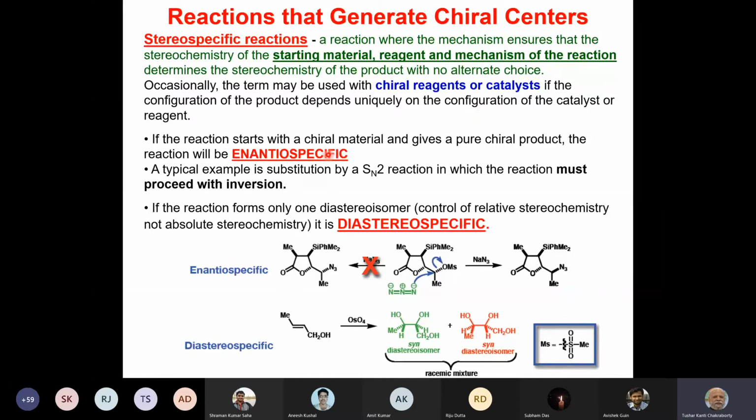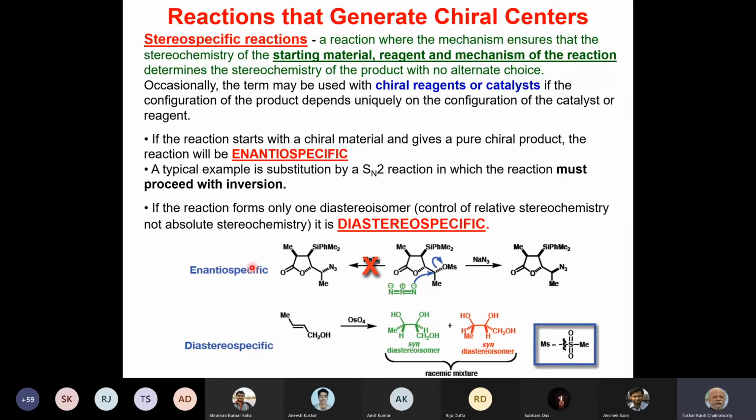And if it gives rise to an enantiomerically pure product, then you call it enantiospecific. And if you have one chiral center in the molecule but not in the pure enantiomeric form, and you generate another one, and the relative stereochemistry is fixed by such a reaction, we call it diastereospecific.